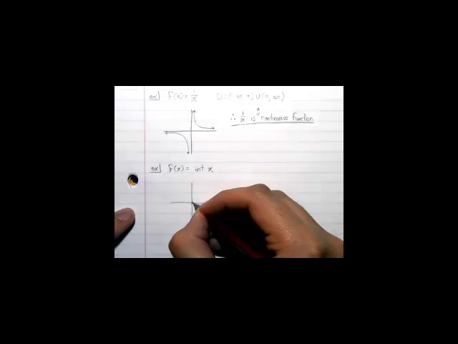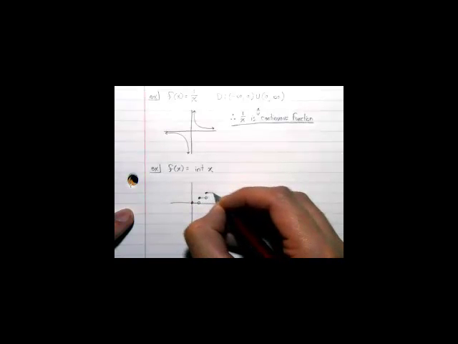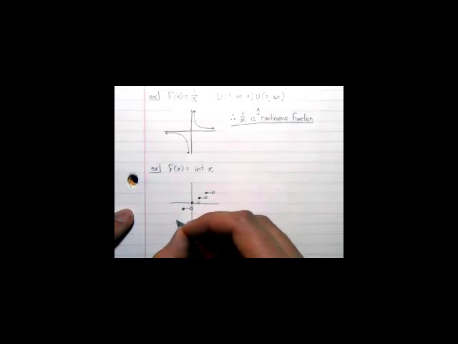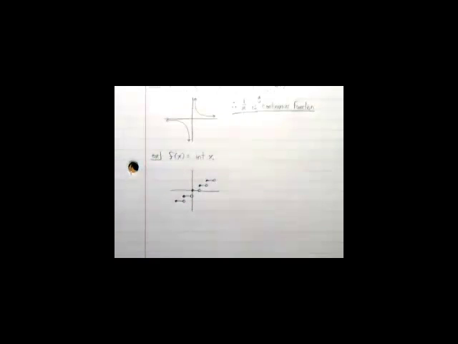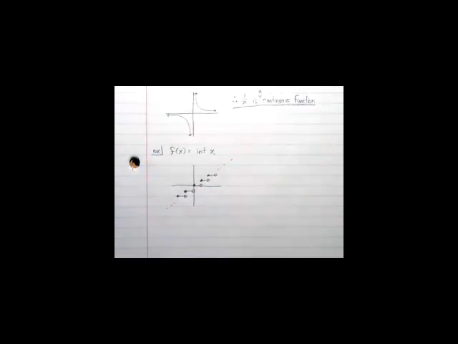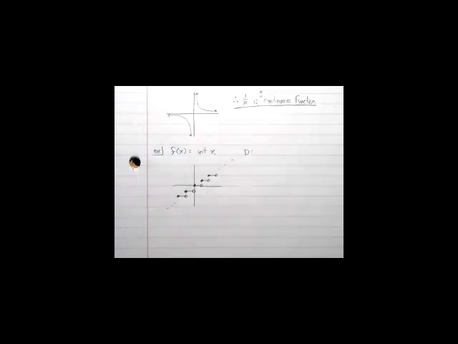And it looks something kind of like this, and etc., that way, and etc., that way. So what is the domain of that particular function? Everything, right? There are no x values not accounted for there.